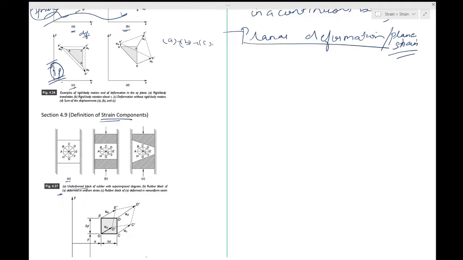Then in 4.27b, all elements of the block have been deformed by the same amount. We call this state uniform strain. So this is a uniform strain over here. So they are deformed by the same amount. You can see the arrows. You can see how the loads are applied at the boundaries.